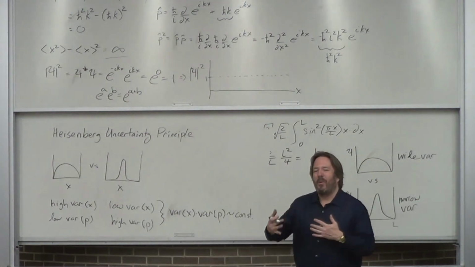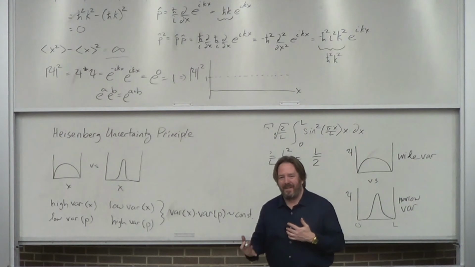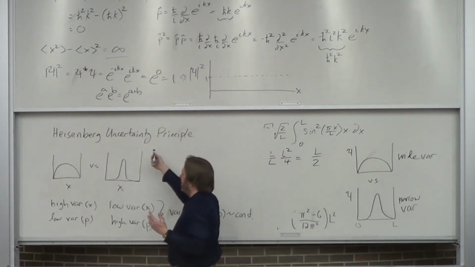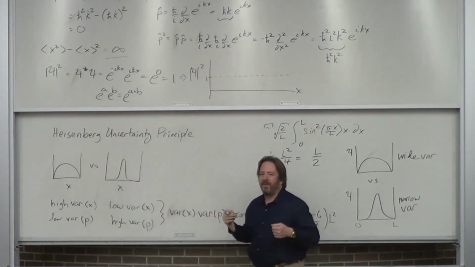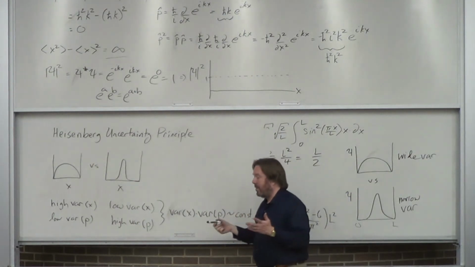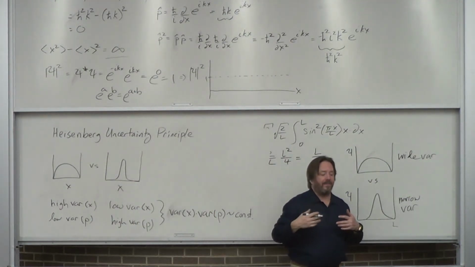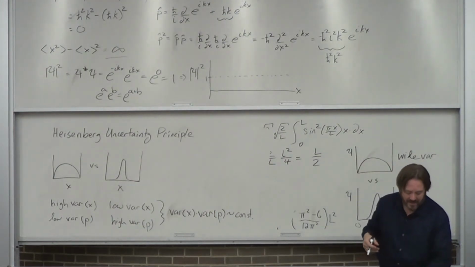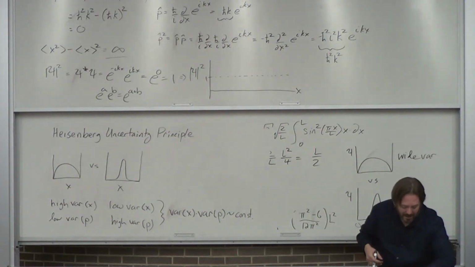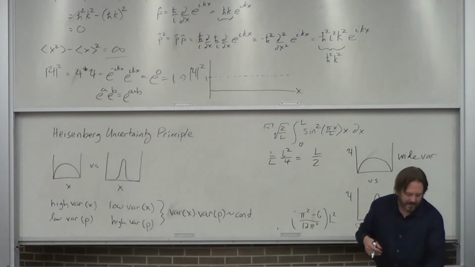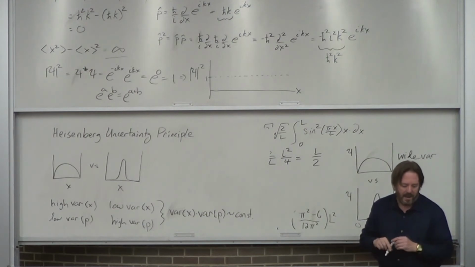So you can't know where something is and how fast it's going, which, hopefully you've heard before, is the Heisenberg uncertainty principle. You've also learned enough mathematics to calculate this, because you know how to do expectation values.